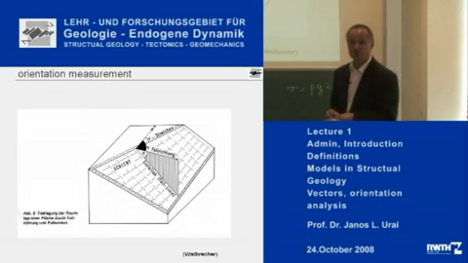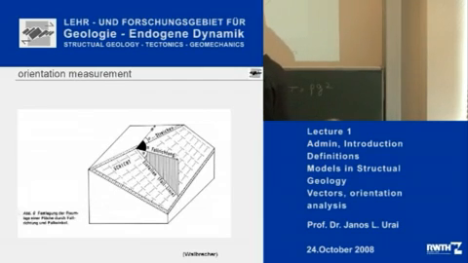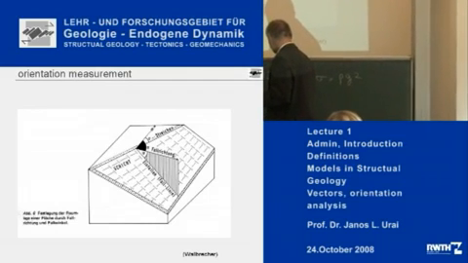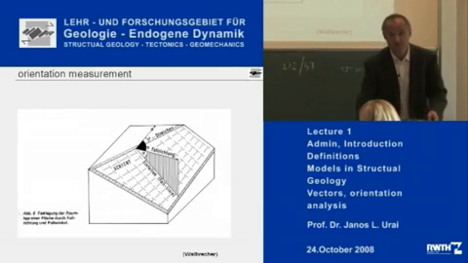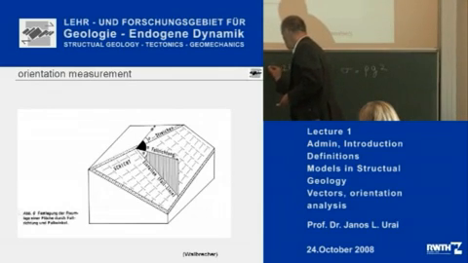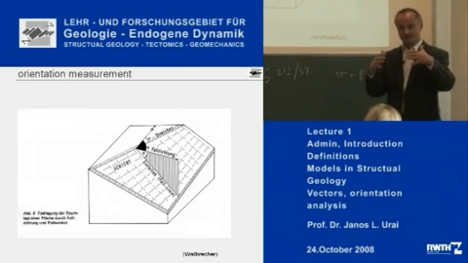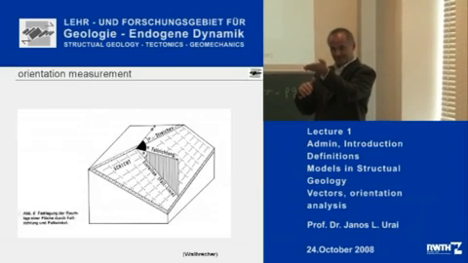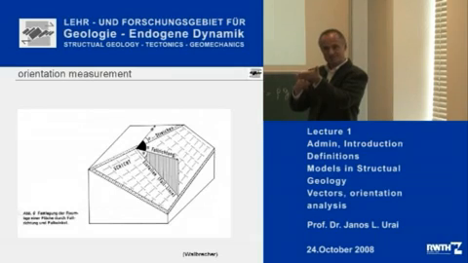In the European notation, if you would write 212/47, that means there's a plane whose steepest dip is towards 212, which is a little bit to the southwest, and it dips 47 degrees from horizontal.